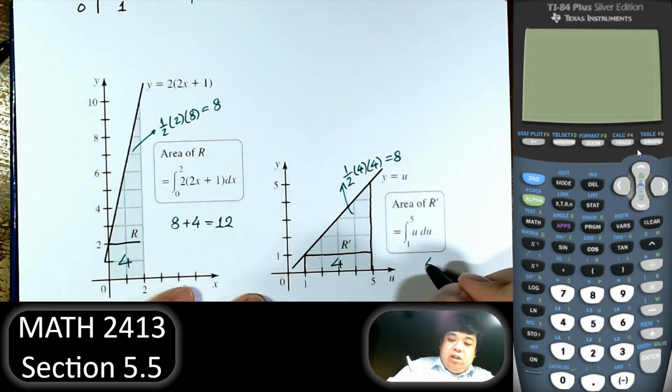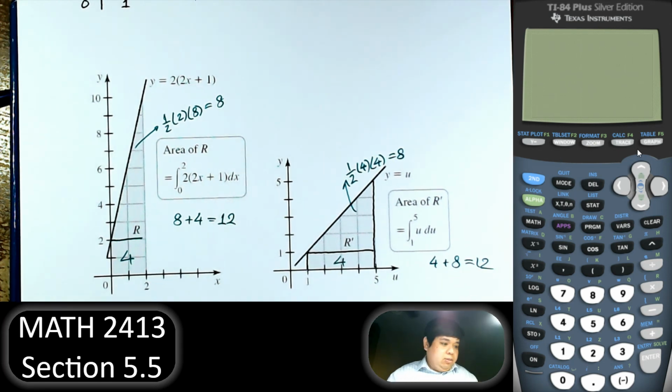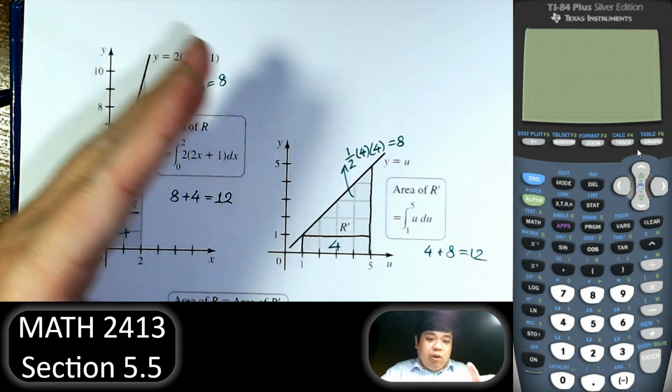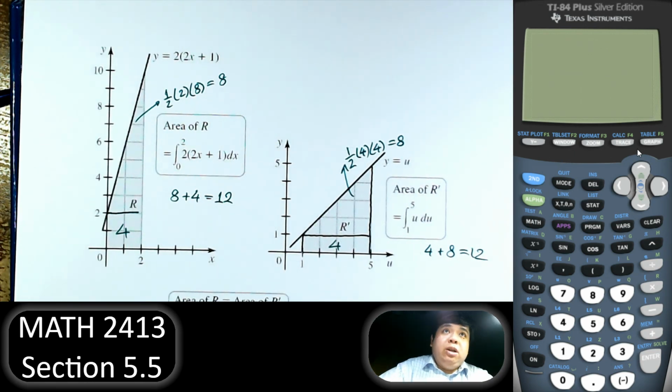Again, the area is 12. So that certainly works. Both of them are the same, even though we change the limits and the function, the area should be the same.